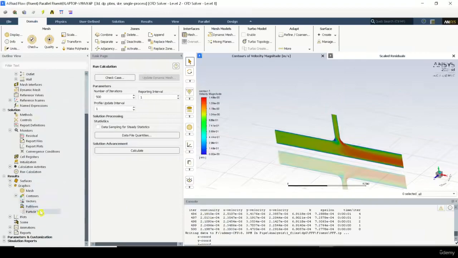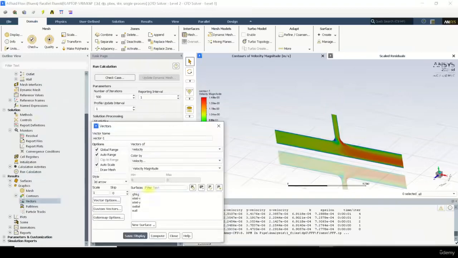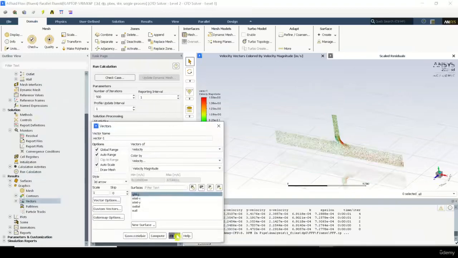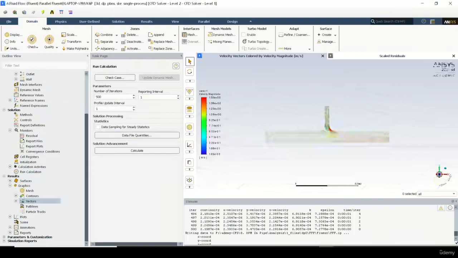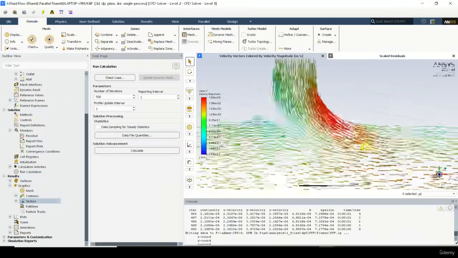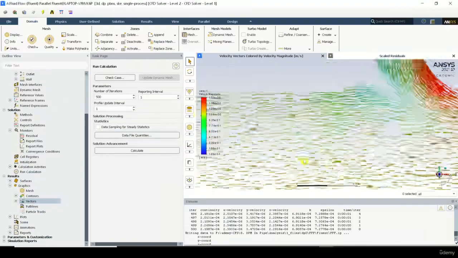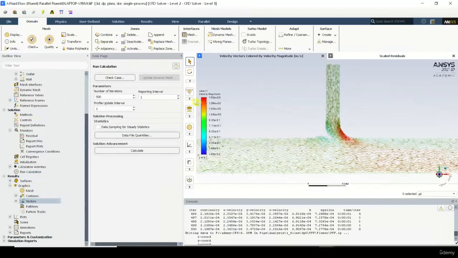And if you want to look at the vectors, you can just click on vector and select the surface, compute, save display, and I'll align it to normal, and let me zoom in. So you can see the velocity vectors. These represent the magnitude and direction.